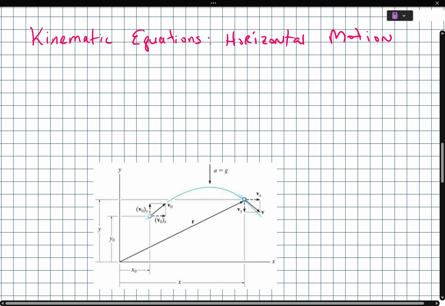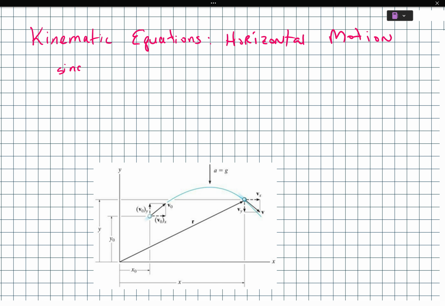Since a sub x equals 0, the velocity in the horizontal direction remains constant, where we have v sub x is equal to v sub ox.